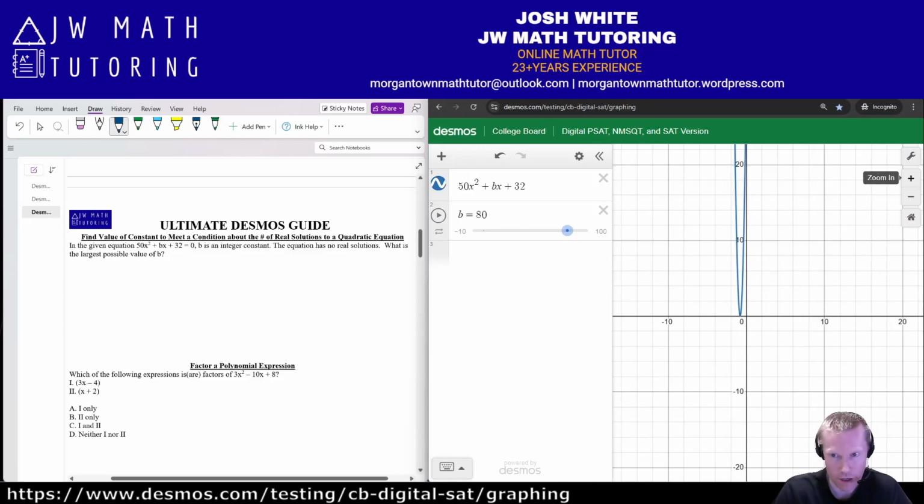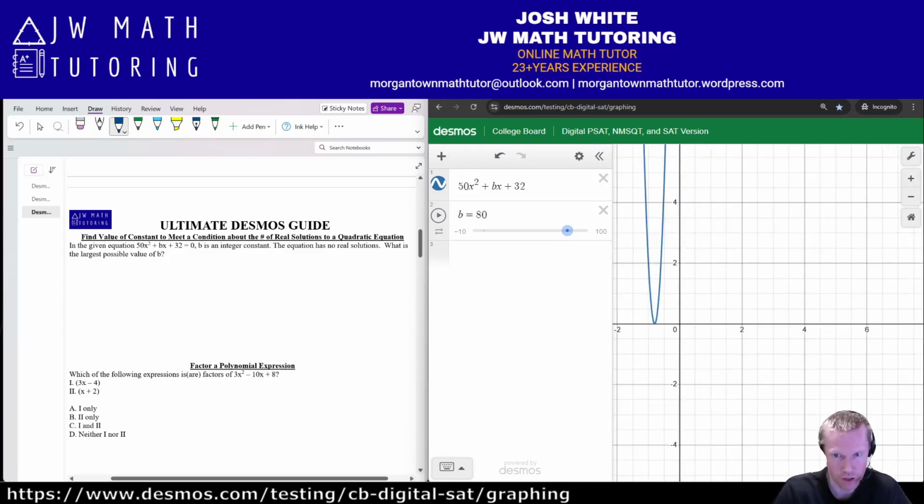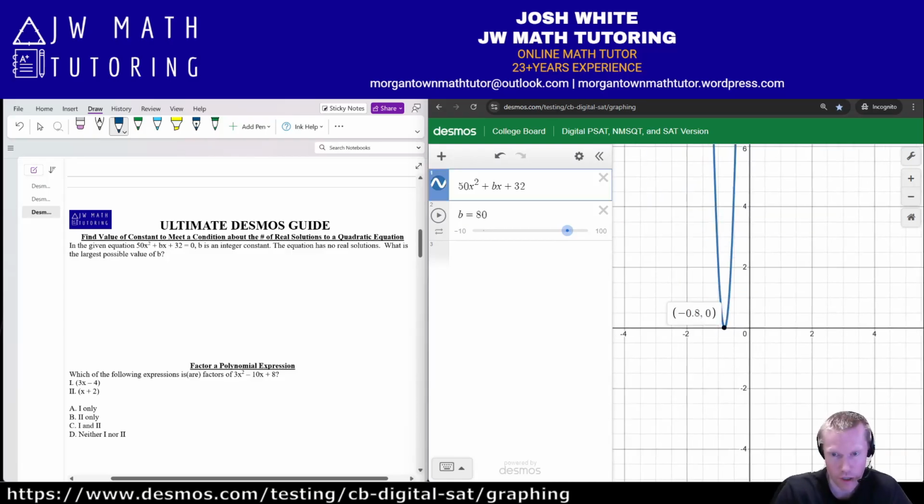Notice when I get to 80, are there any real solutions? Okay, there is, because we have an x-intercept. So 80 is not the answer, because we're told the equation has no real solution. Instead it looks like we have to bump it down to 79.